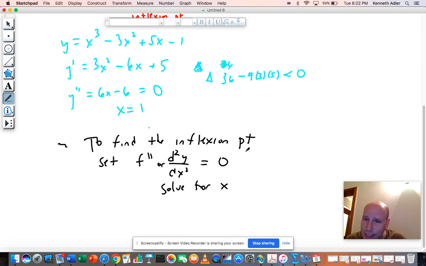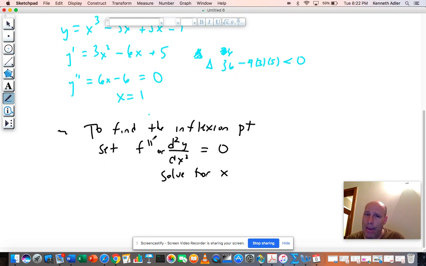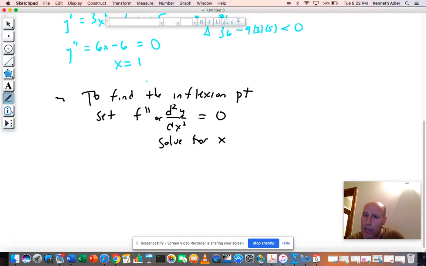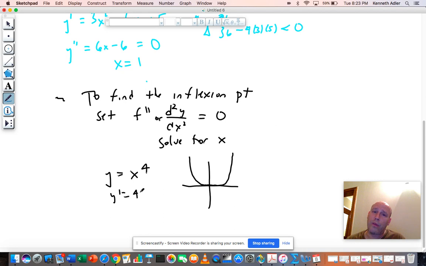In most cases, when you set the second derivative of the functions in this class equal to 0, the x values are going to be inflection points. The exception, which might be your exploration to study, is cases like y equals x to the 4th. It kind of looks like a parabola, but it's really flat here, and it's always concave up. At x equals 0, because the first derivative equals 4x cubed, set that equal to 0, we know there's a minimum.